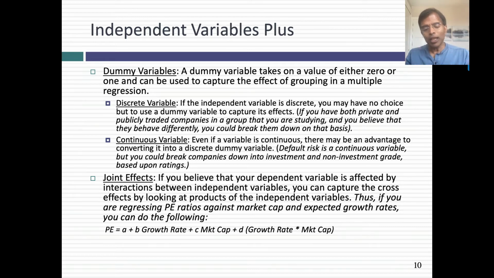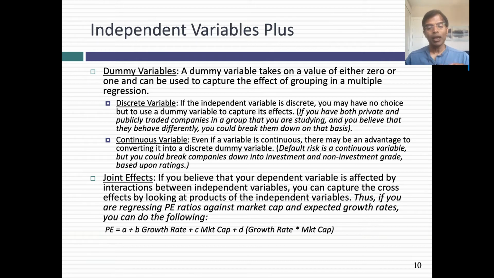What you might do is break your companies down based on their bond rating. So, with bond ratings, a rating of BBB or above is viewed as investment grade. You might break your companies down into investment grade and non-investment grade and use a dummy variable to capture that difference.